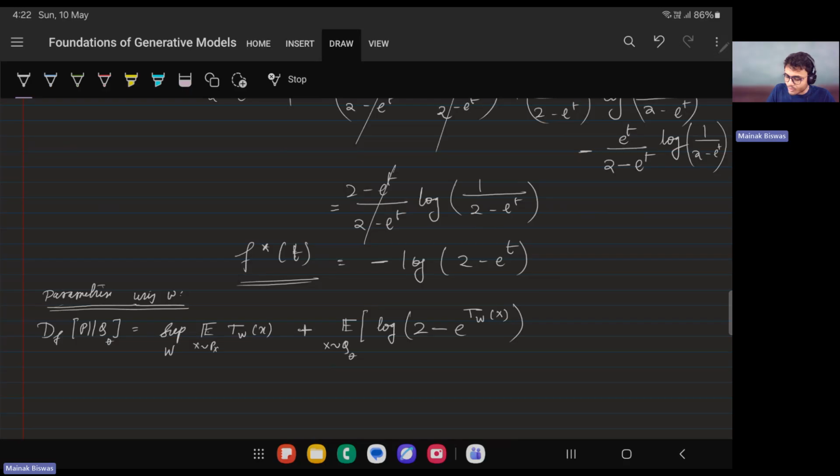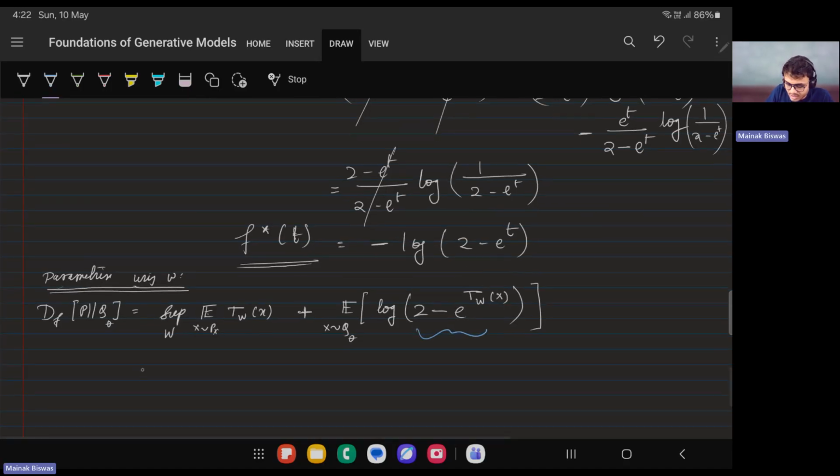So now there is a problem of selecting this as the t_w function. This neural network t_w can only take values in R^d and output R. So therefore 2 minus e to the power t_w(x) is not defined, it is only defined if it is greater than 0, right?